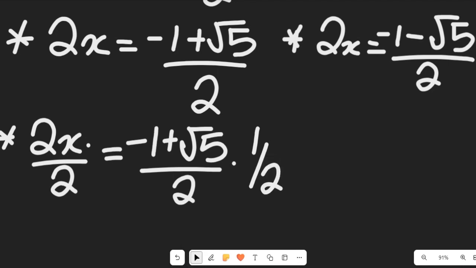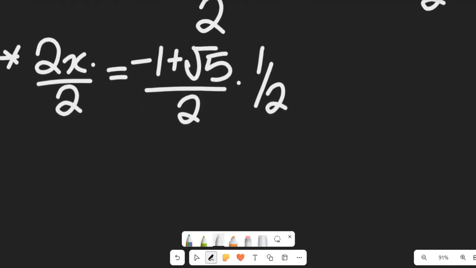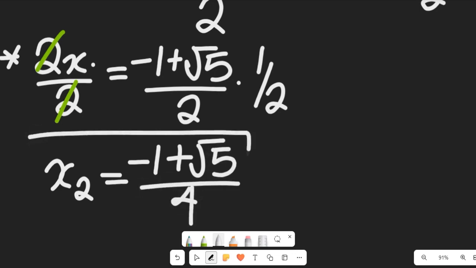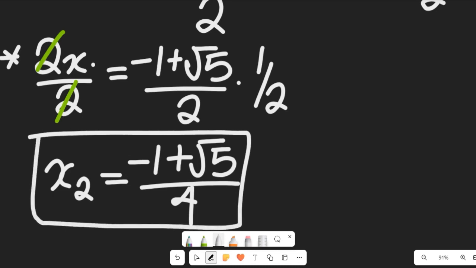So in this case, we'll have our x2 to be equal to -1 plus root 5, and this will be divided by 4. And that is the second solution to that exponential equation that is given to us.